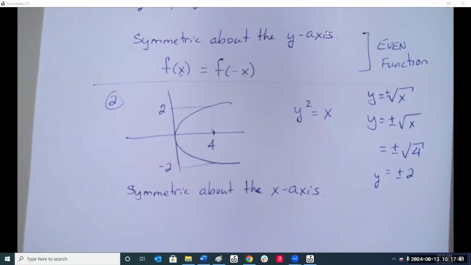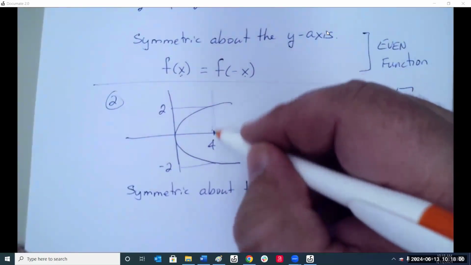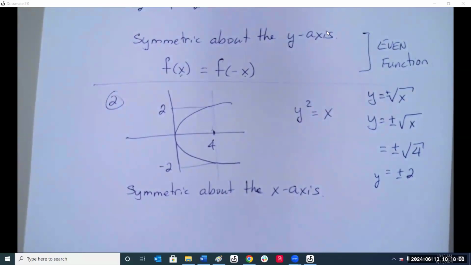Is this a function? Vertical line. I think I said horizontal. Yeah, it doesn't pass the vertical line test, so it's not a function. But we do have objects like right here. This is called a hyperbola. Those exist. So do circles, but they're not functions.